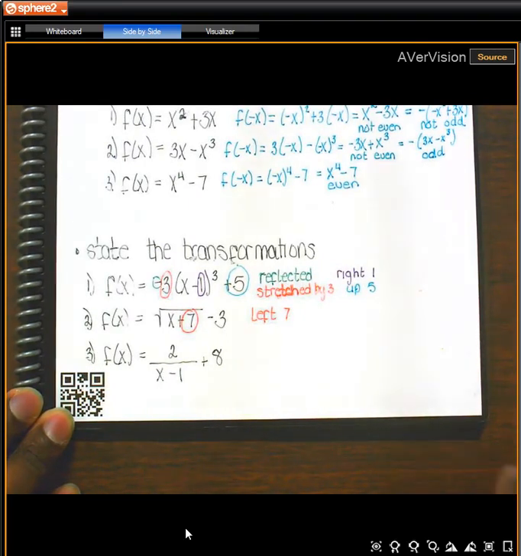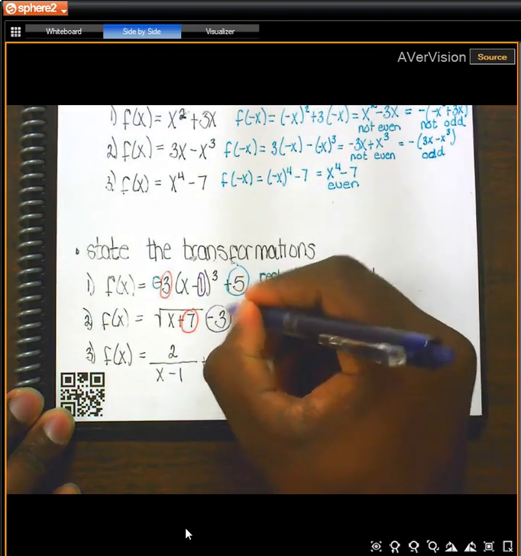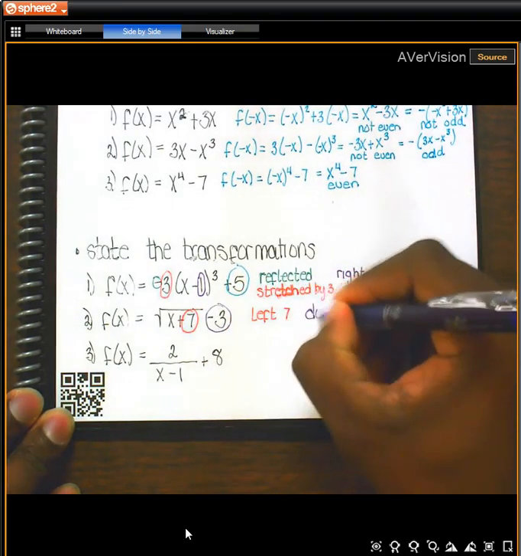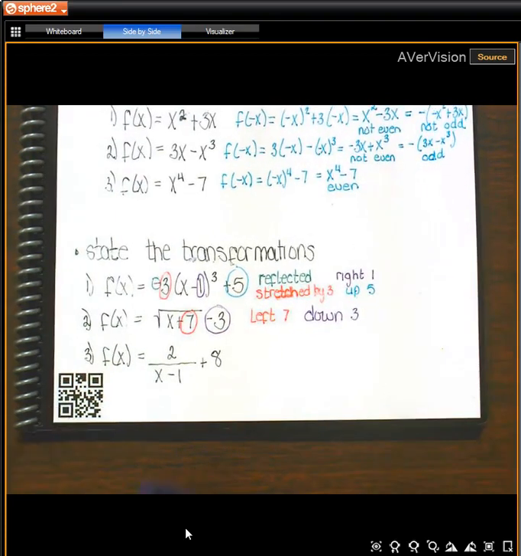What else? This -3 tells us that it went down 3. All right, number 3, how did this one change from 1 over x?